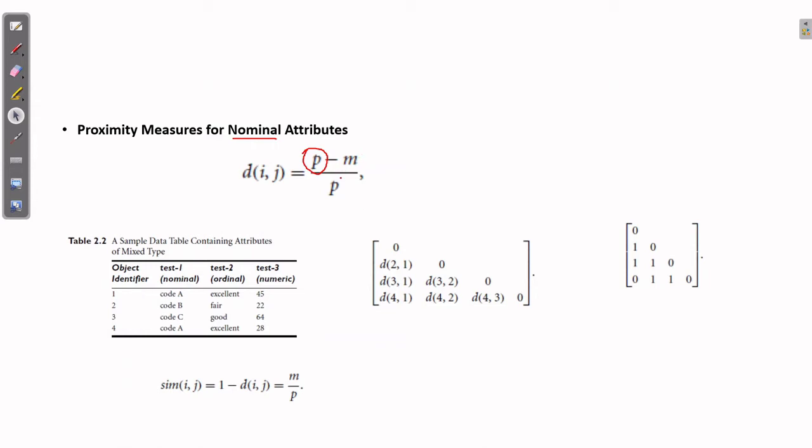Now you can also say similarity can be m by p, because out of the p attributes you have m which are matching. Matching represents similar, right?